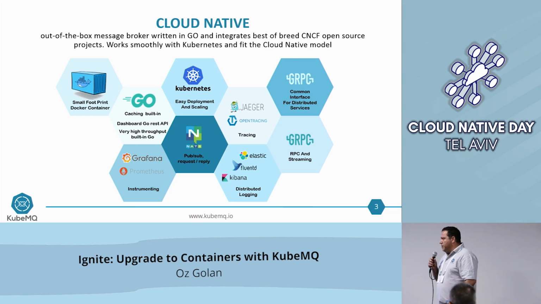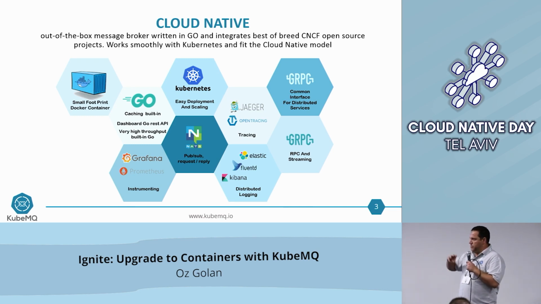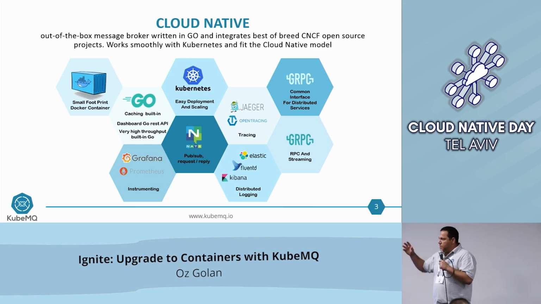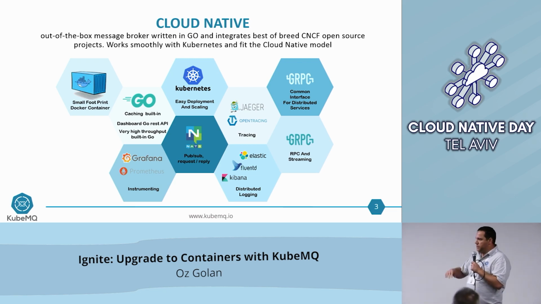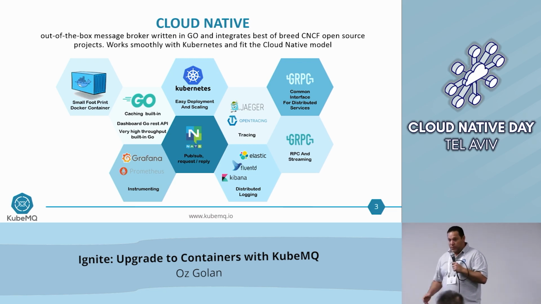So KubeMQ actually allowed us to live in both environments, both on .NET and simultaneously in the containers, and we were able to switch the services one by one because we developed connectors from MSMQ to KubeMQ and from KubeMQ to MSMQ, and we switched them one by one until we were able to switch all the services and disconnect from our old environment.